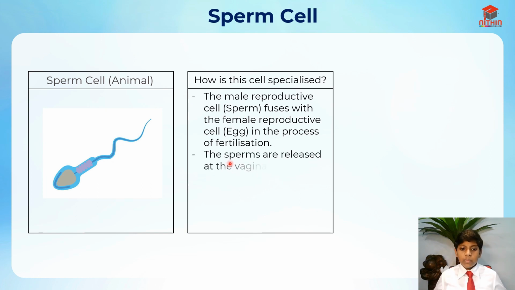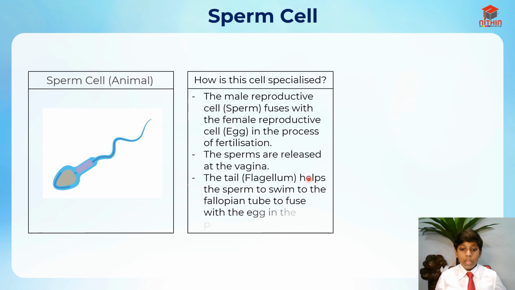Next, the sperms are released at the vagina in order for the sperms to swim using their tail or their flagellum to reach the fallopian tube to fertilize with the egg cell, and the ovary produces the egg cell. Okay, the tail, the flagellum, helps the sperm to swim to the fallopian tube to fuse with the egg in the process of fertilization, just like I said just now. Okay, so I hope you understand this.